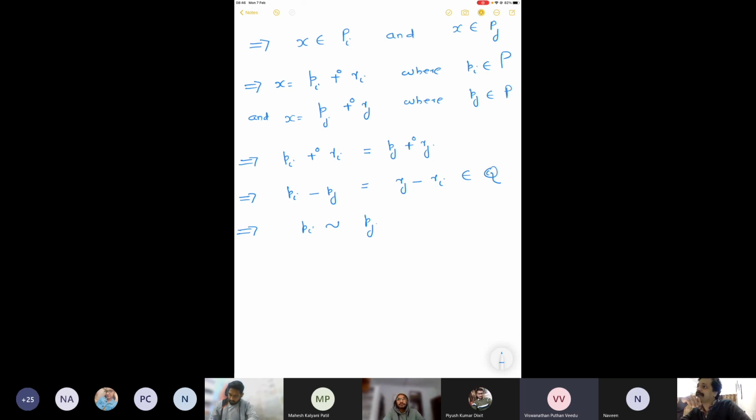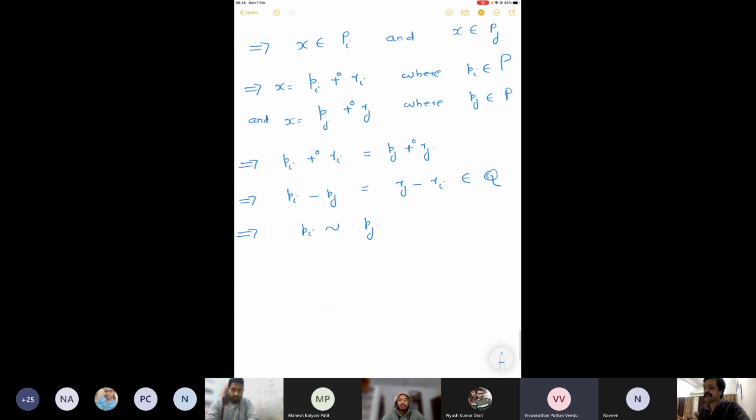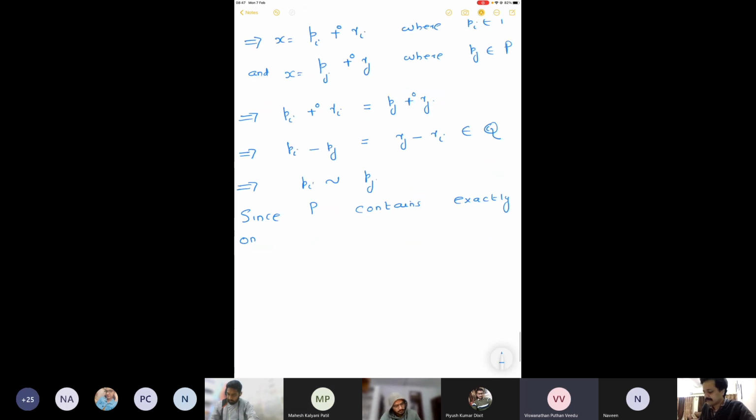Can it happen? You are taking two elements from P, and P contains exactly one element from each class. So this will tell you that since P contains exactly one element from each equivalence class, this is possible only when i equals j.